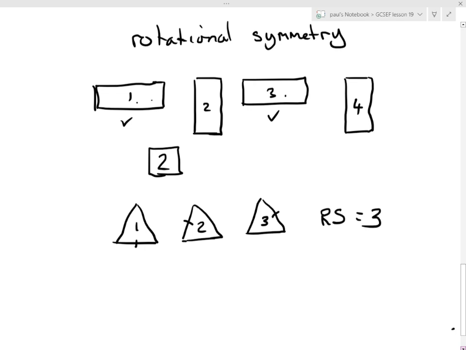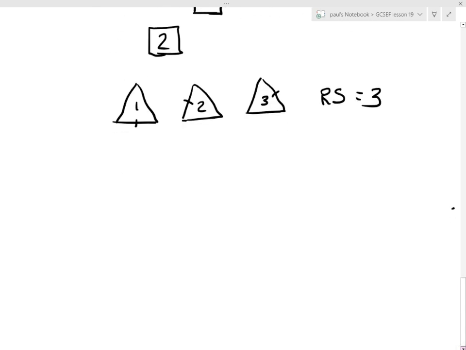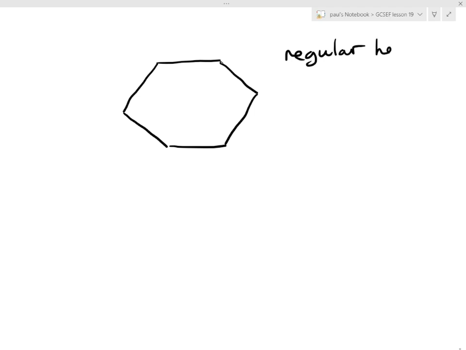So now we're going to look at polygons in more depth. And we're going to start ourselves off with a 6-sided shape, which is a hexagon. Now this is a regular hexagon, and all 6 sides, despite my bad drawing, are exactly the same.